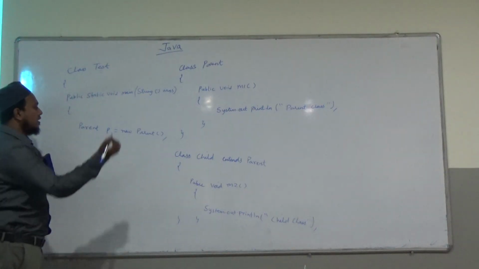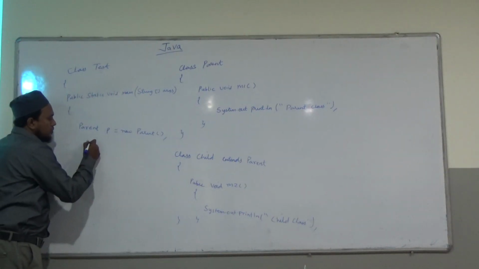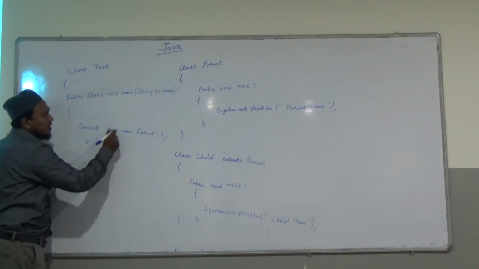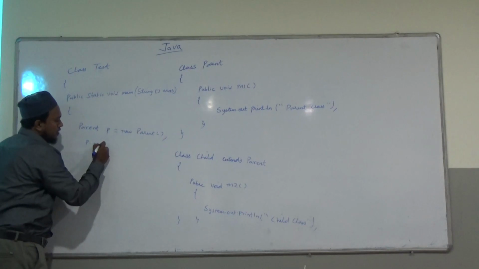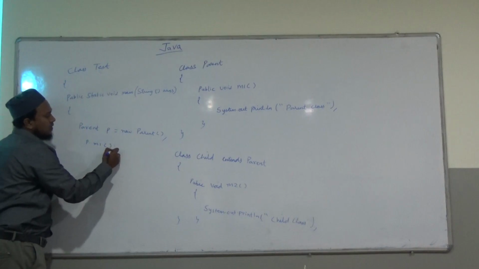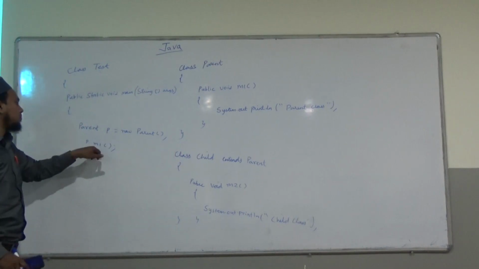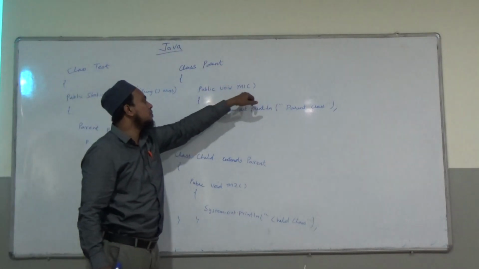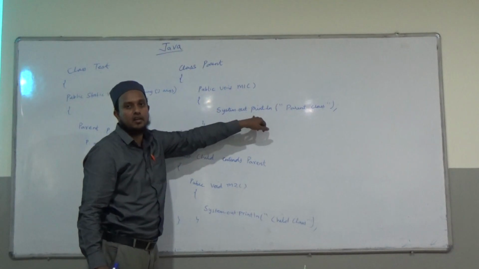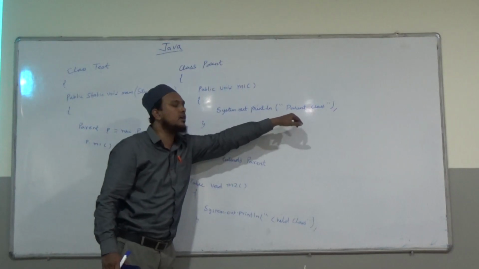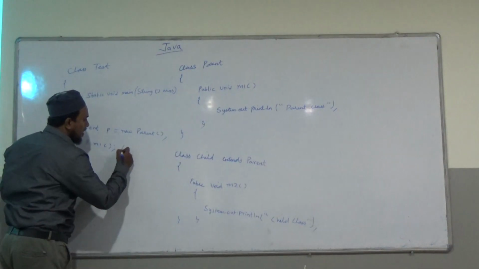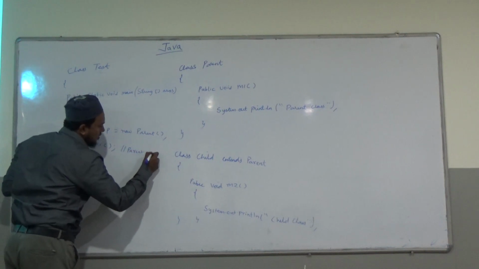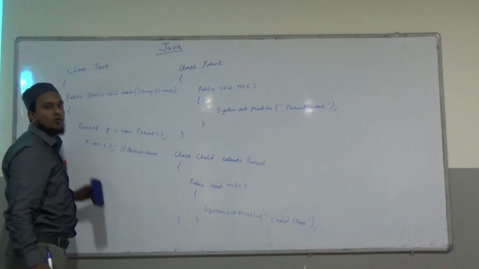Now see here, P is the object reference, P dot m1 method I am calling. When I call P dot m1 method, in m1 method whatever statement is there, that will get executed. So what is the output I am expecting? Parent class. Okay, till here no problem at all.